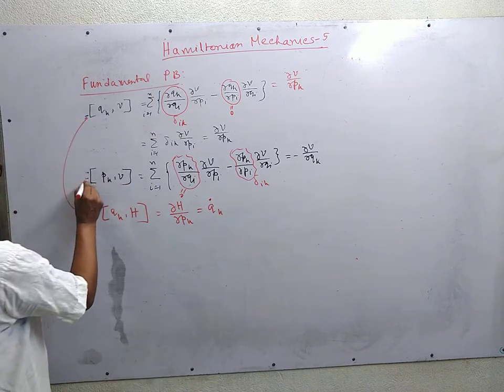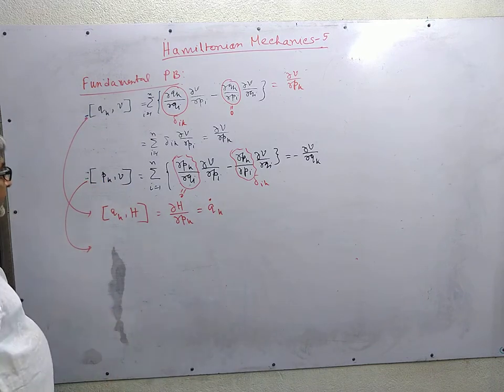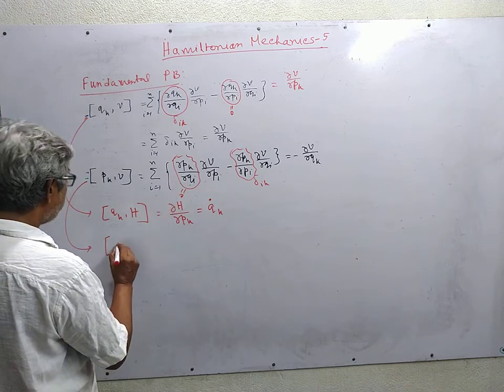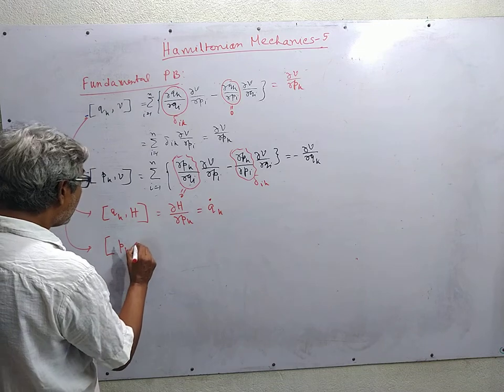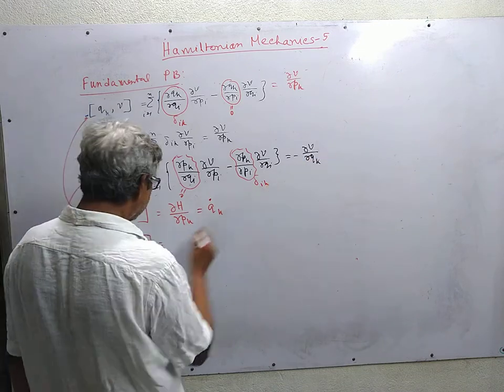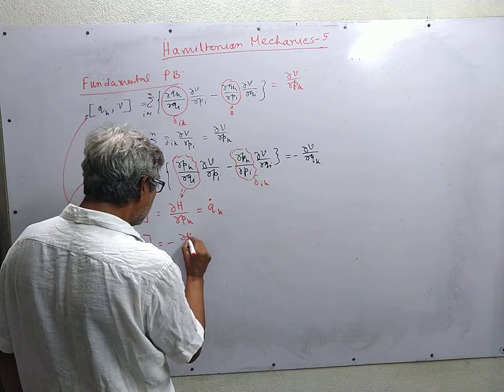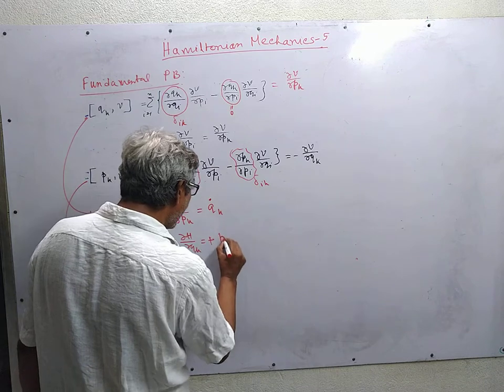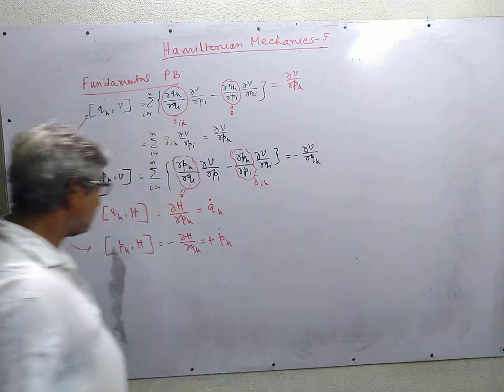And in this equation with V equal to H, we get P_k H is equal to minus del H del Q_k, which we know again is P_k dot.